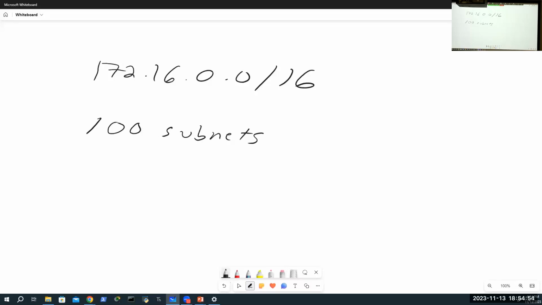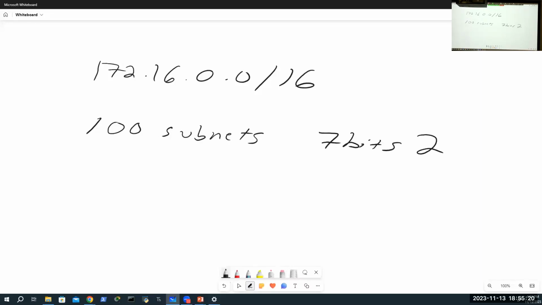So if we need 100 subnets, then we basically just look at our table and say, what power of 2 gives us 100 subnets? 2 to the n, so the n is the number of bits that we have to reallocate, right? So that means we need 7 bits.